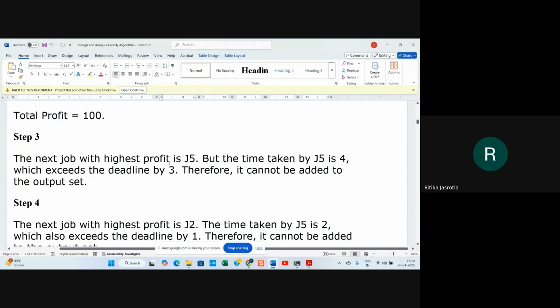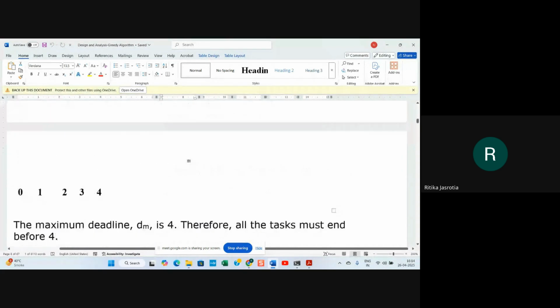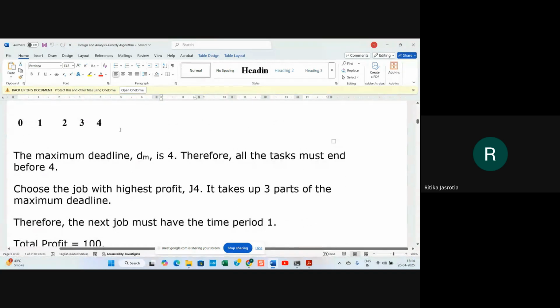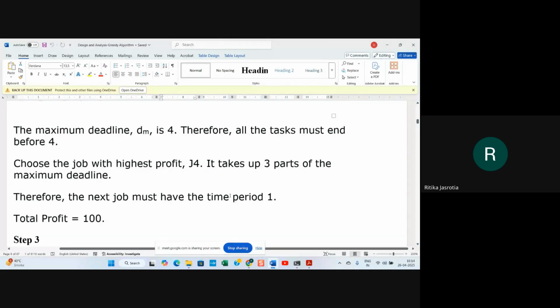The next job with the highest profit is J5. So now we have taken J4, which is taking deadline as 3. So if we subtract 3 from 4, the total being 4 and we subtract 3 parts, then only one time period is left. 4 minus 3 is 1.